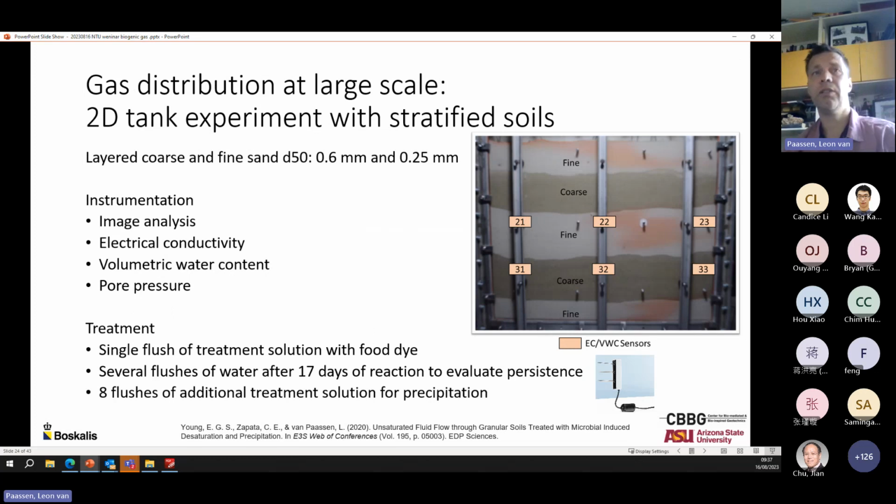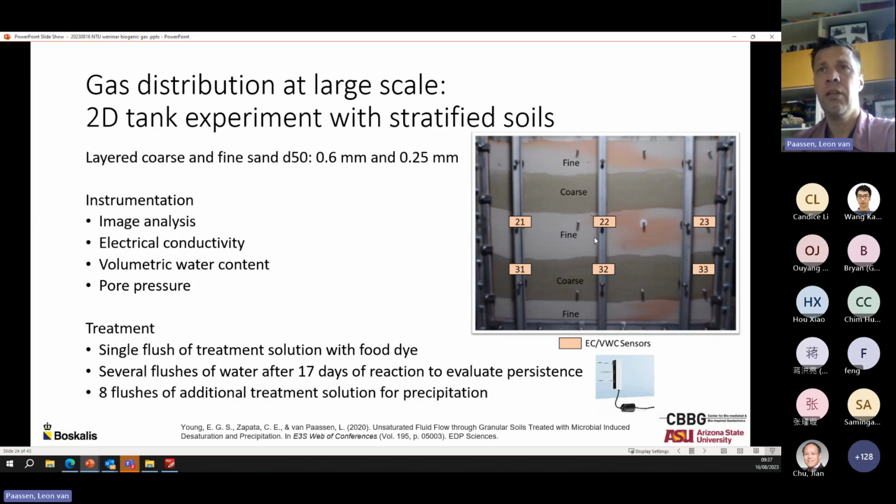On the other hand, we're testing and trying to implement this process at a large scale. So in order to assess the migration of the gas at the large scale, we built this large scale two-dimensional tank test, which is 1 by 1.2 meters and 5 centimeters in width. And we filled that tank with different layers of sand.